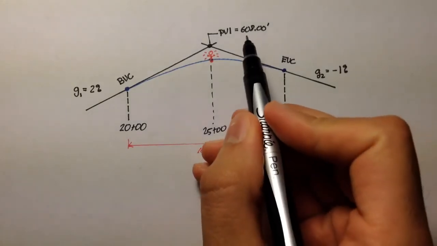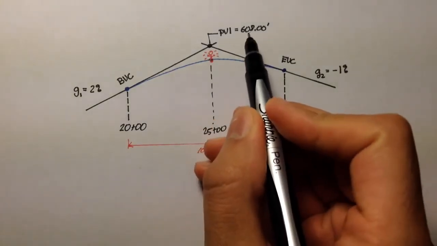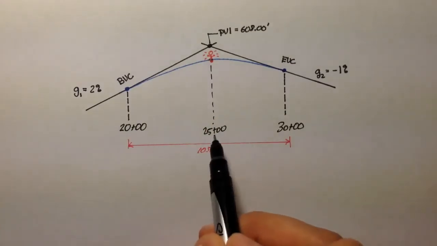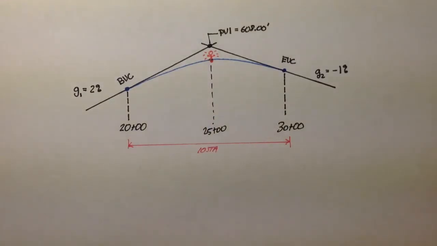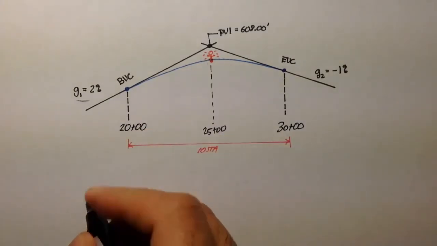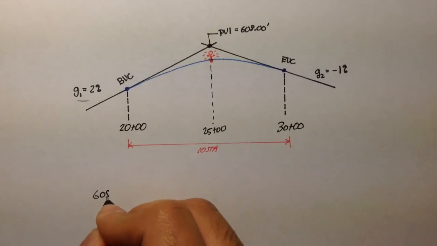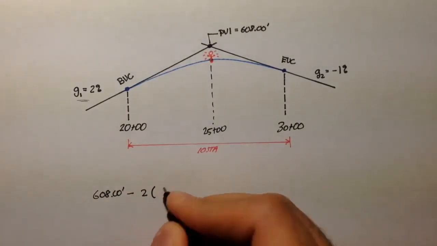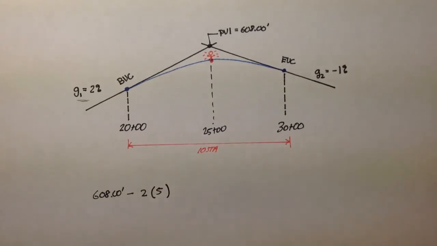So we can use the 608 elevation of PVI. We can use the distance from 20 to 25, so that's 5 stations, and we also have the grade. The entering grade is 2%, so it's simply 608 minus the grade times the distance in stations.